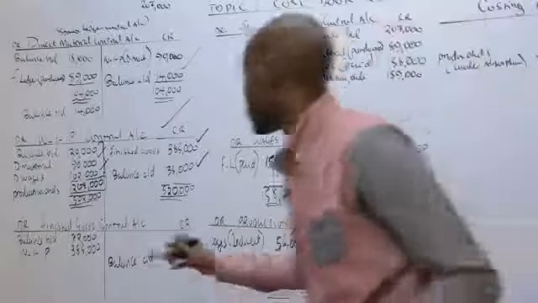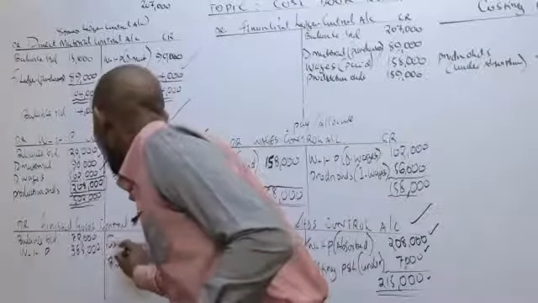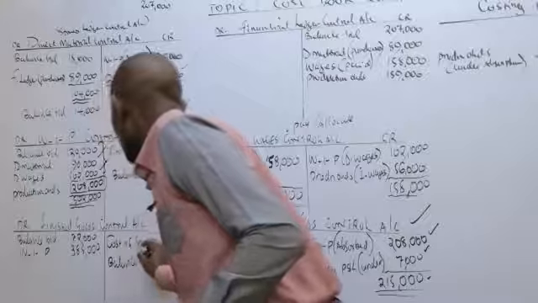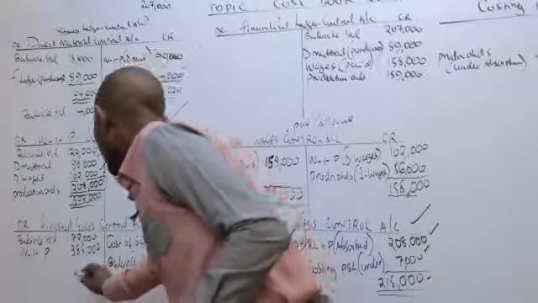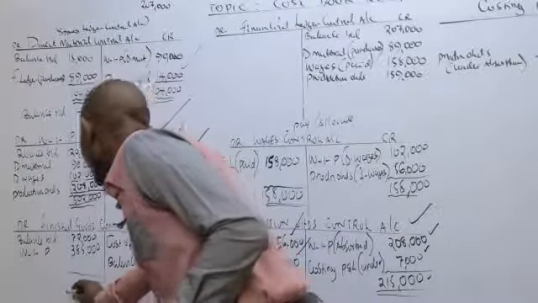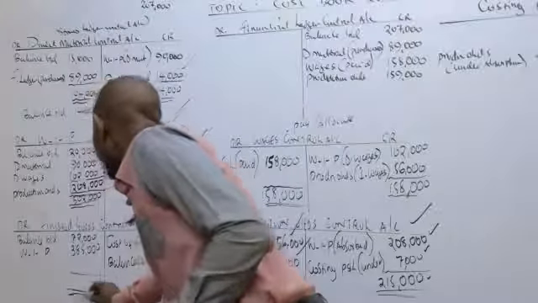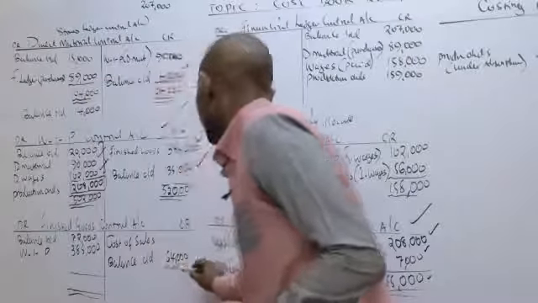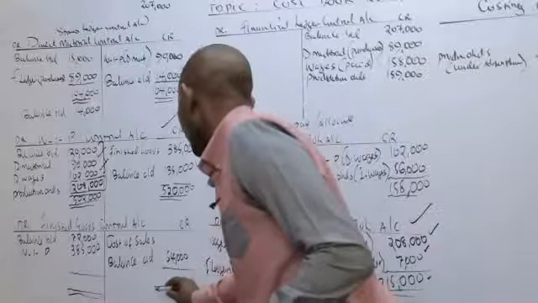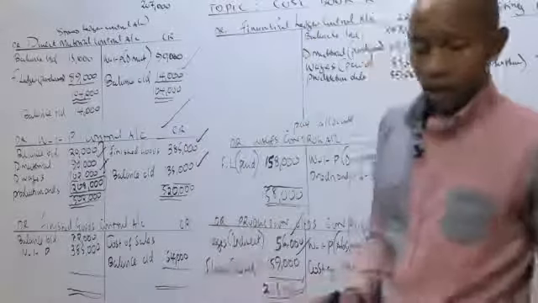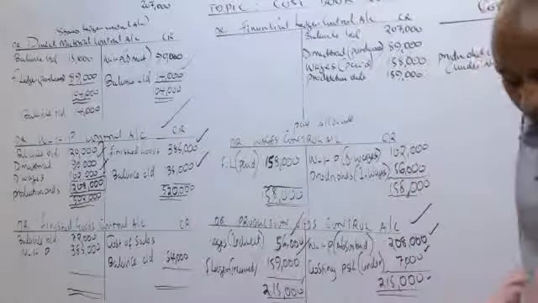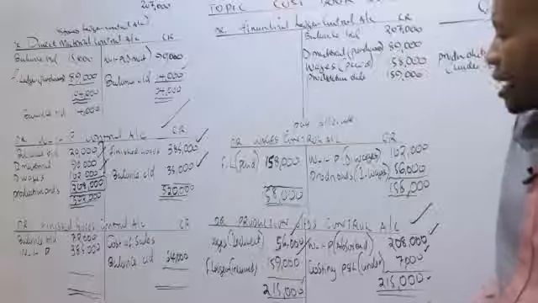Okay, so you take that to the cost of sales. Give me the balancing figure in that account. What is the cost of sales, somebody? It's the balancing figure in that account.